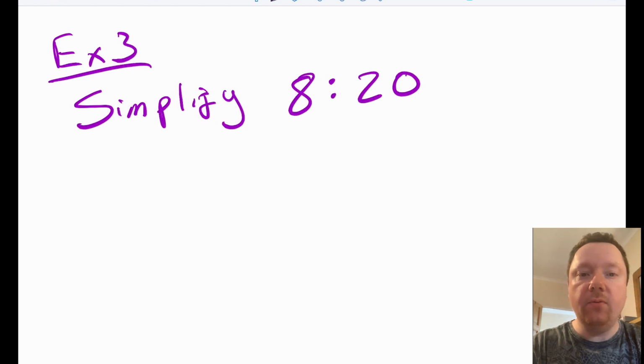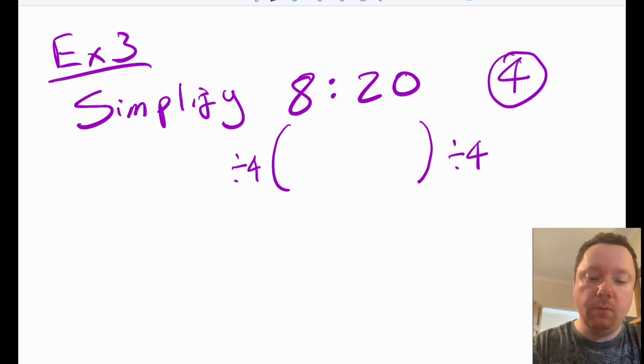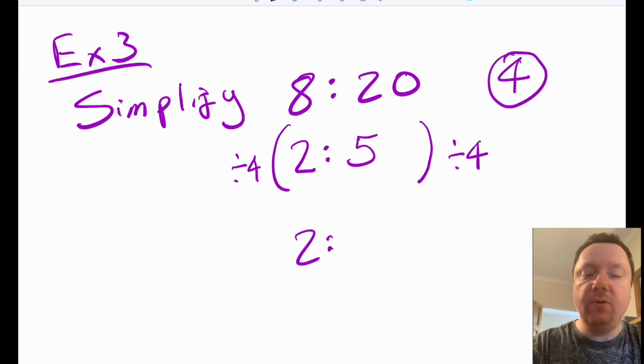We find out the biggest number that goes into both 8 and 20. Well, that would be 4. And we divide both by 4. So divide the 8 by 4 and divide the 20 by 4. 8 divided by 4 is 2. 20 divided by 4 is 5. So the simplified ratio is 2 to 5.